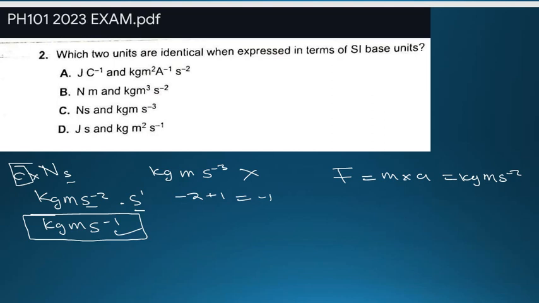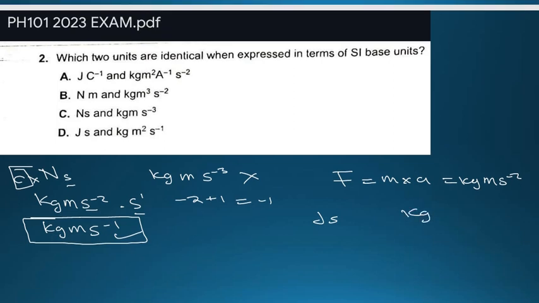Let's try joule times seconds now, to be compared with kg meter squared. Okay, how do you go about this now? Here is what you do. Joule is given by, this is actually for work, and it is equivalent to kg meter squared s to the power negative 2.